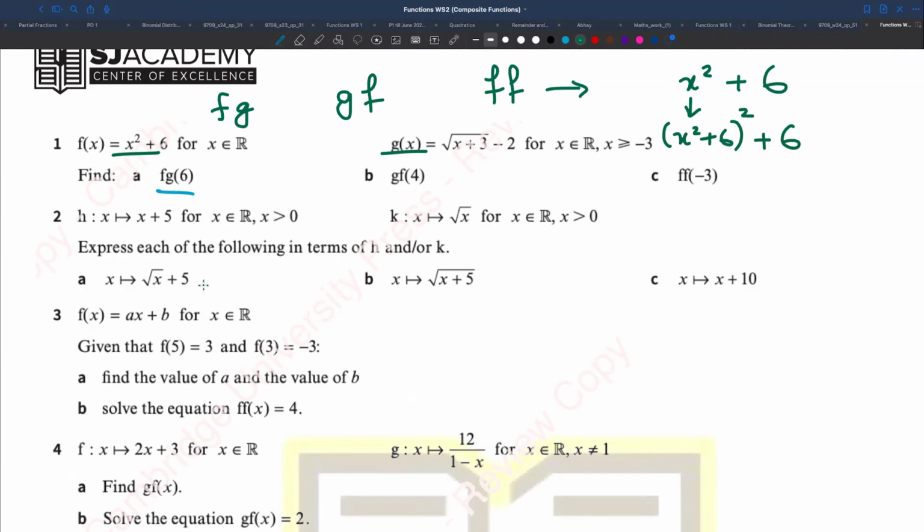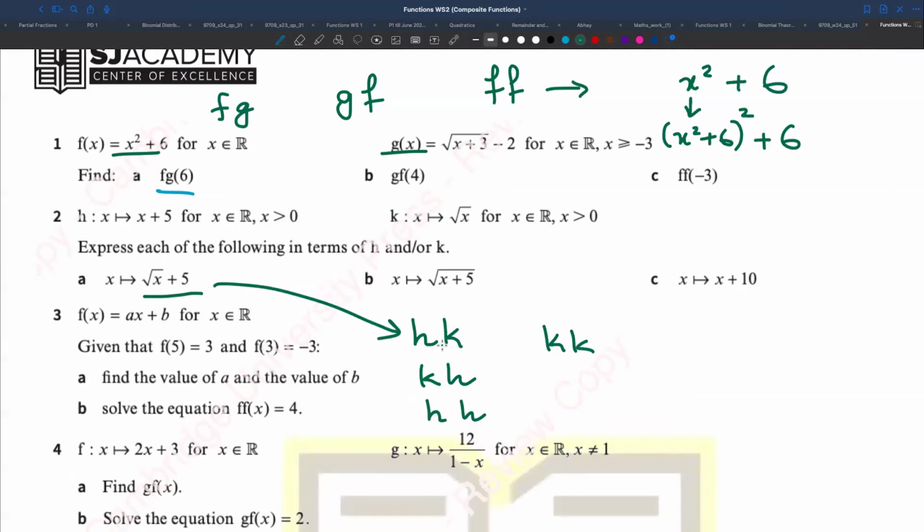Here in question 2, it's the other way around. They have given the expression and they are asking which function combination was used. Is it hk, kh, hh, or kk?